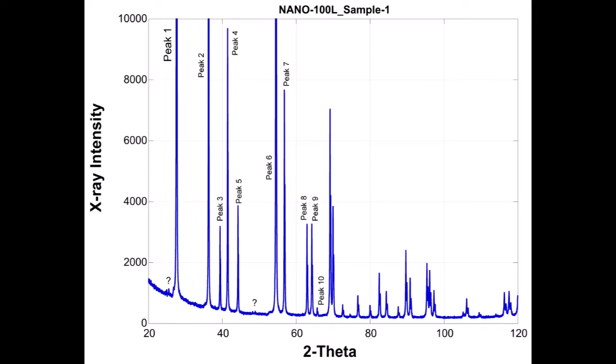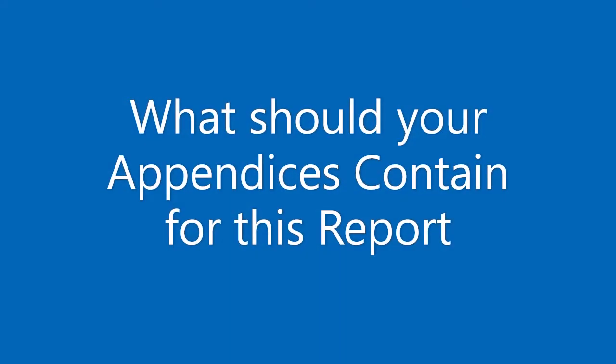As a thought experiment, we have one additional task for you. 3 diffraction patterns are given here that were supposedly collected from sample number 7. These are labeled as sample 7, sample 7A, and sample 7B.